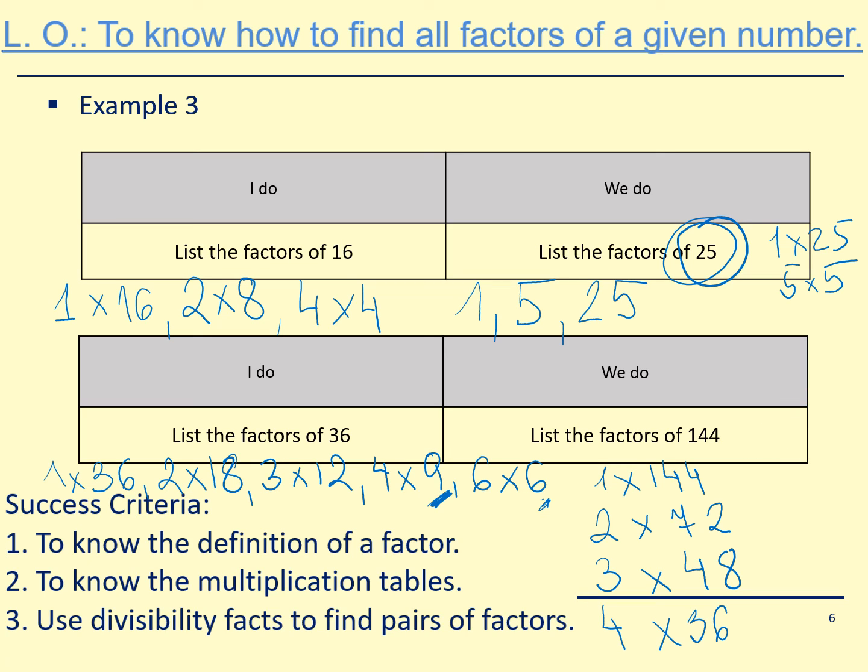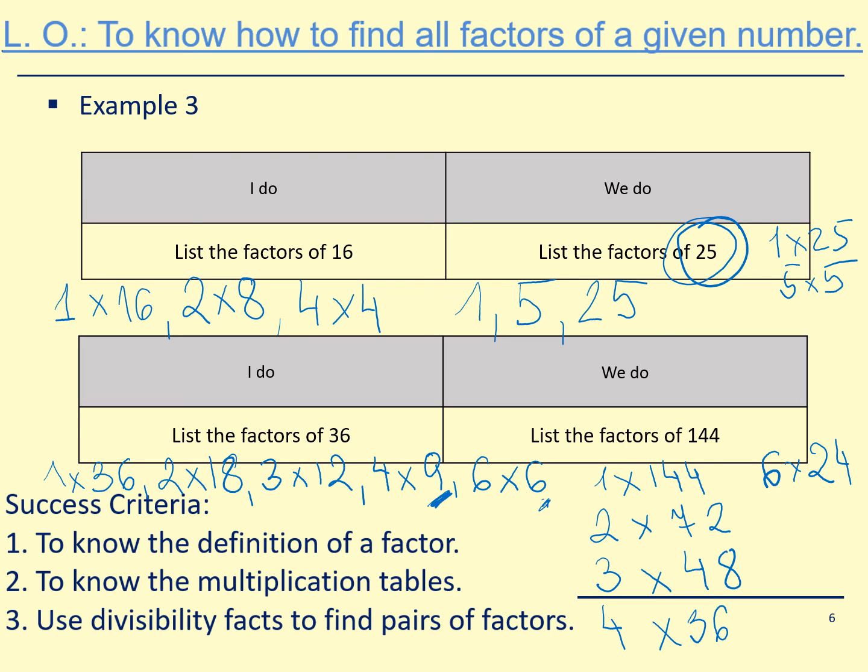Okay, is it divisible by 5? No, because it doesn't end in 0 or 5. 6, well, it can be halved and it can be divided by 3, so it is divisible by 6. And I need to find a pair to 6. So it's going to be 6 times 24.